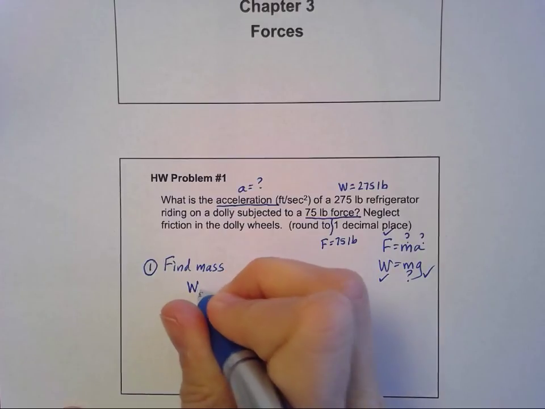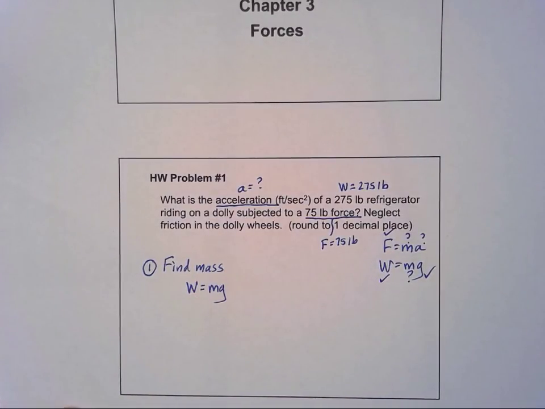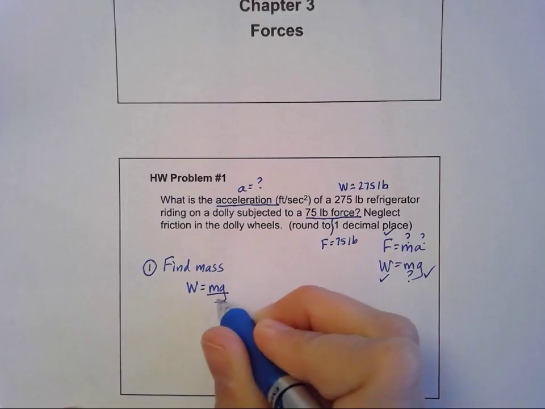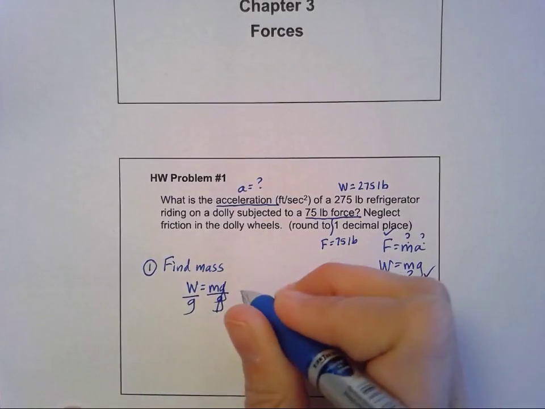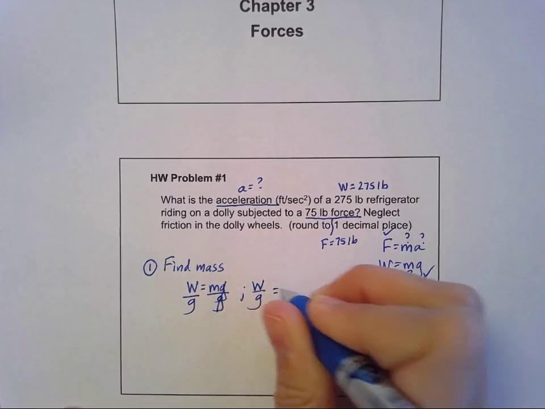So we have W equals mg. But we want to solve for mass, so we're going to get that by itself on this side of the equation, and we can do that by dividing each side by g. Here the g's will cancel out, and we wind up with W over g is equal to m.